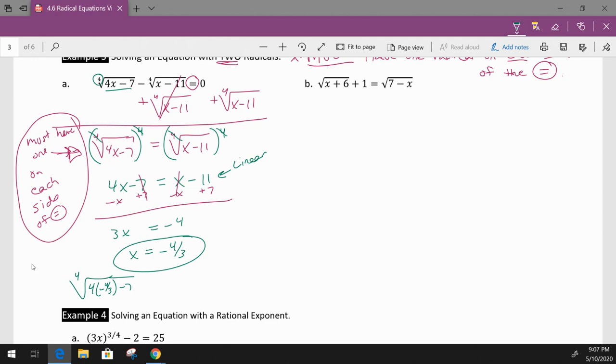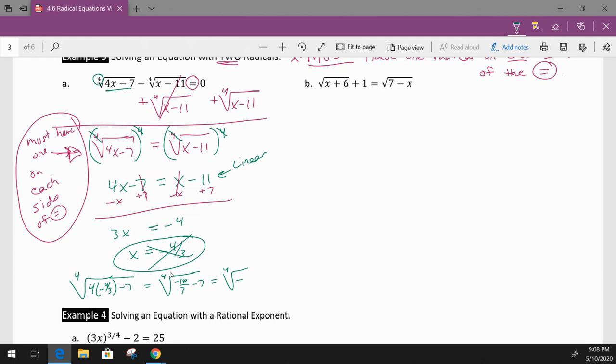So I would get a negative 16/3 minus 7, which would be a negative number. So you cannot have a negative number inside of the radicand of an even root. So negative 4/3 actually is an extraneous root.